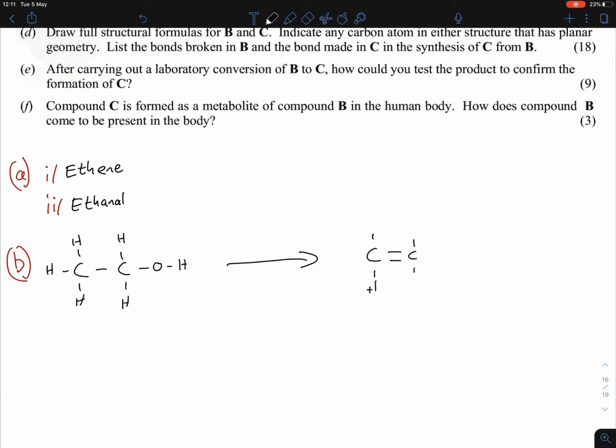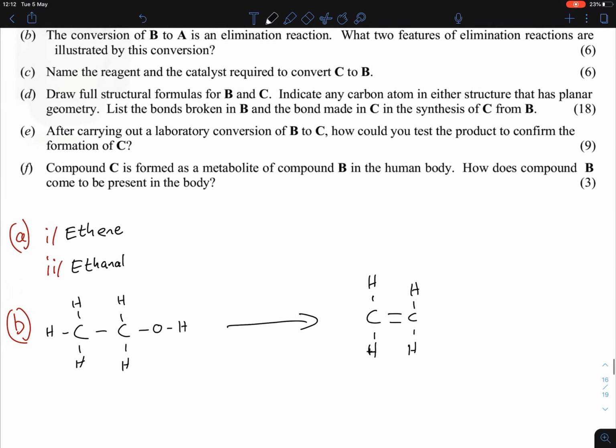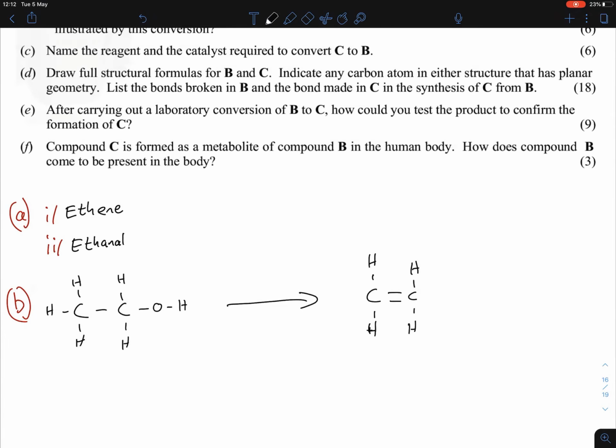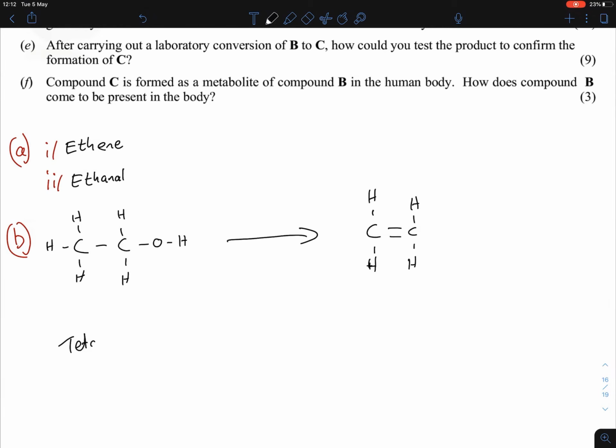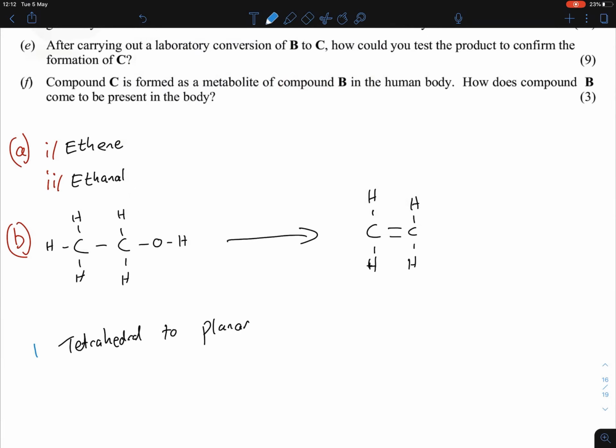So what the question is, what two features of elimination are illustrated in this conversion here? First off, the first change is you're going from tetrahedral to planar. That's the first feature that we're coming across. Each of the carbon atoms here has 4 bonds, 4 single bonds I should specify, whereas over here there's obviously a double bond present.